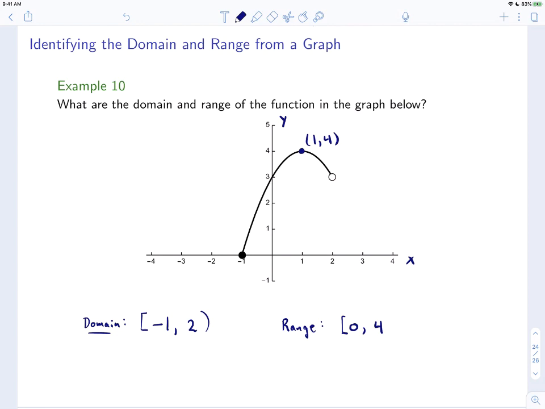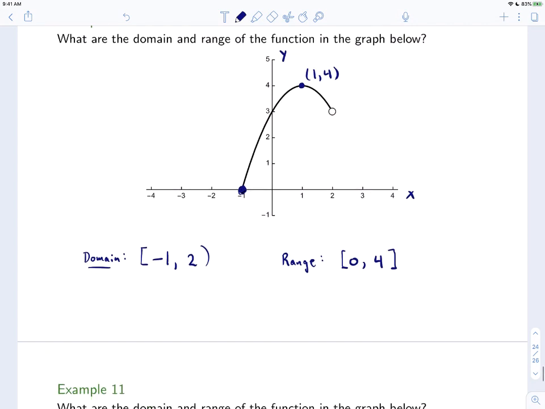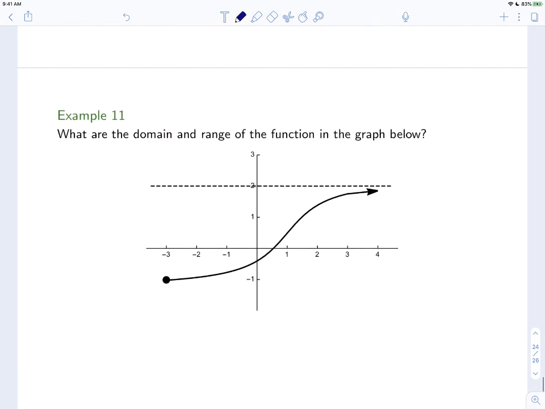If I plug in x equals 1, I actually get 4 as an output, so I'm including 4. So the range goes from 0 to 4, and I'm including those two endpoints because I actually get 0 and 4 as outputs. So that's the domain and range for this example, and we were able to just read it off of the graph. What about this one?